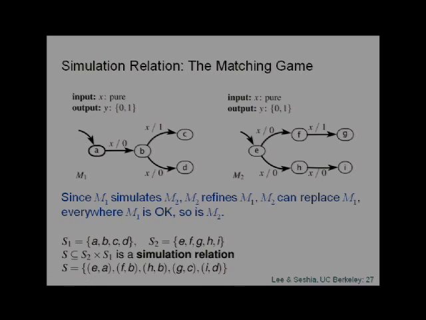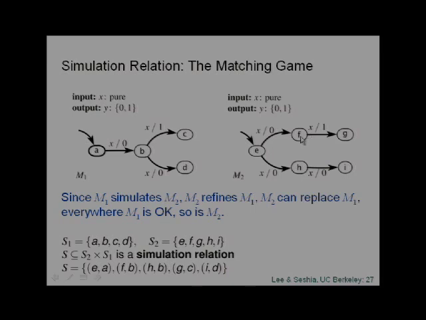And the way you reason about that is you look at B and you look at all possible transitions out of B, and you check if F can imitate that, right? But in this case, F cannot imitate B because it can only do the first transition but not the second, right?